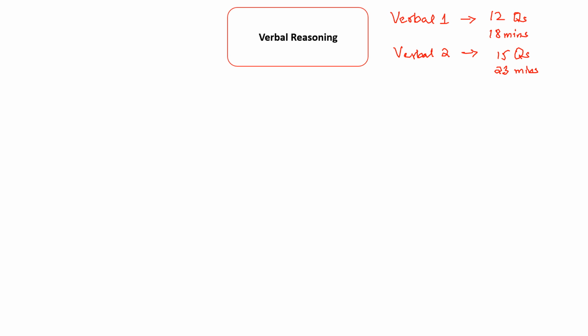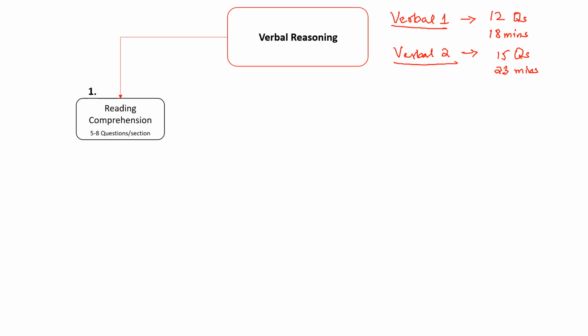The types of questions that will appear in both verbal sections are the same, and largely speaking, you have reading comprehension and blank type questions. So let's talk about the reading comprehension sections. You will have around 5 to 8 questions per section from the reading comprehension subpart of verbal reasoning.